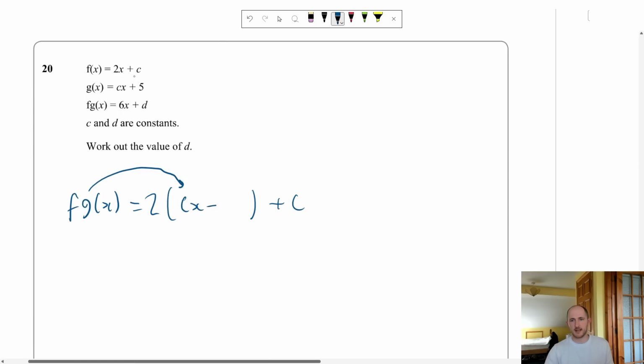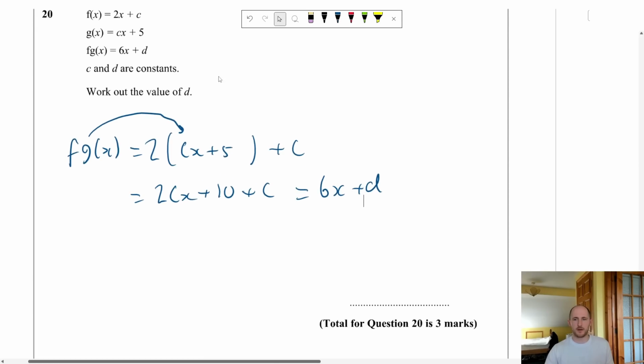So cx plus 5, which equals 2cx plus 10 plus c, which we can't simplify at all, but it tells me that it's equal to 6x plus d. So these two things must be equal to each other. So how on earth are we going to work out the value of d? Well, this is where things get a bit more interesting.